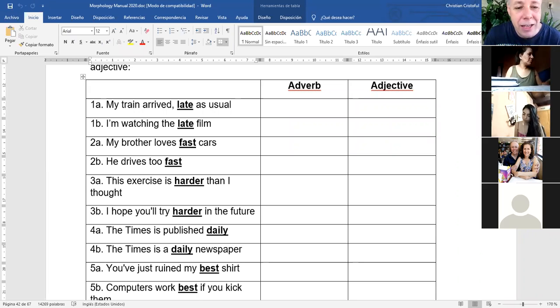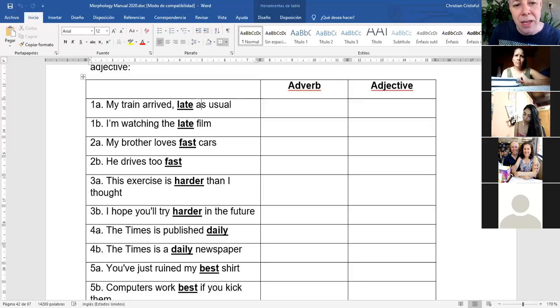And in 1B, it says, I'm watching the late film. So here we can clearly see that the word late is modifying either a verb or a noun. And depending on that, we classify it as adjective or as adverb.